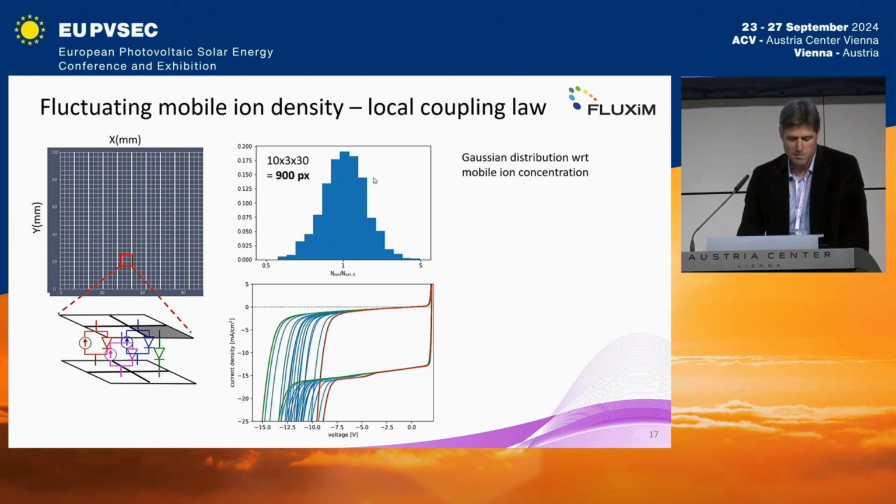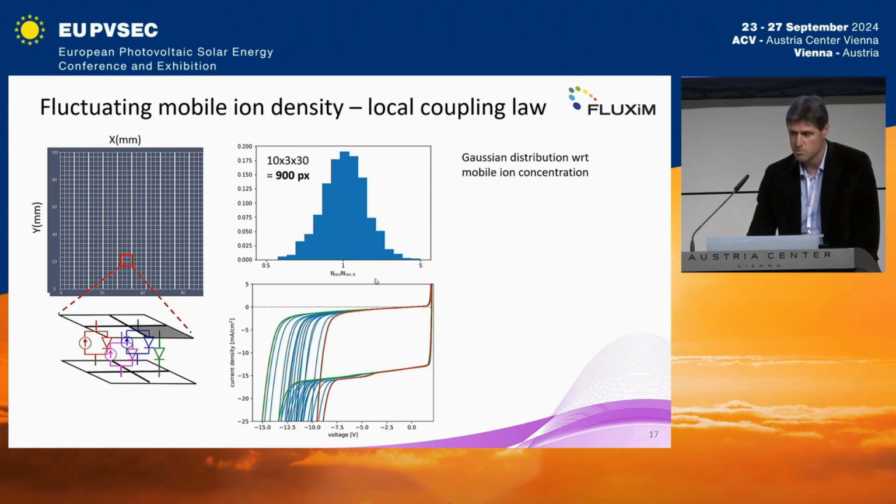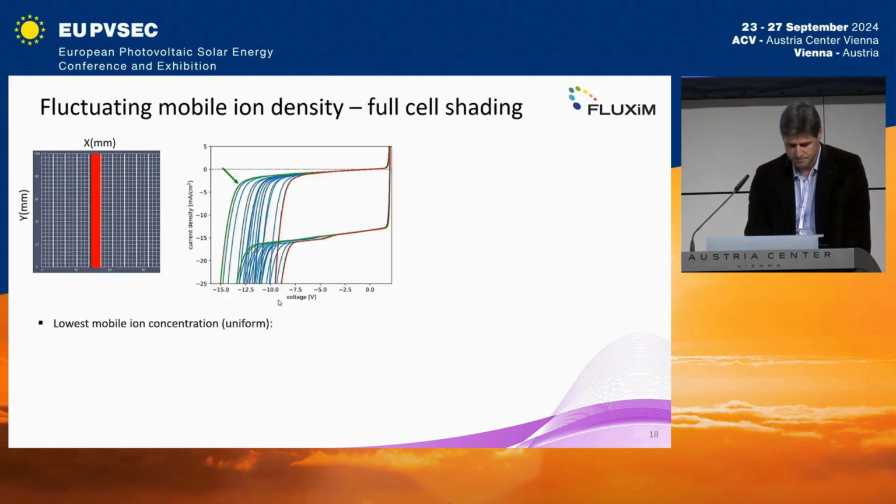Now if we go to the reverse bias situation under partial shading, we do the same spatially random attribution from a Gaussian distribution, but now we take that from the distribution of reverse JV curves here. And first we look at the fully shaded cell case with a uniform density of mobile ions.